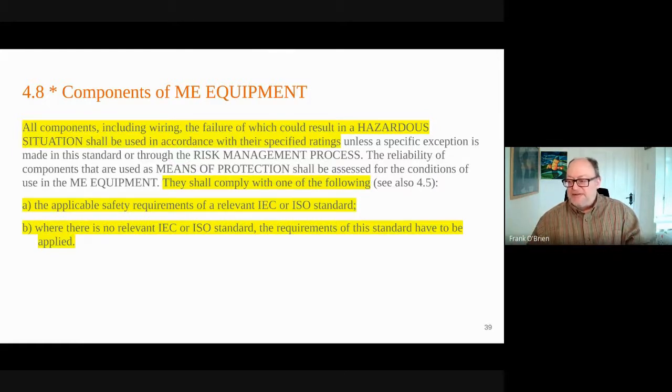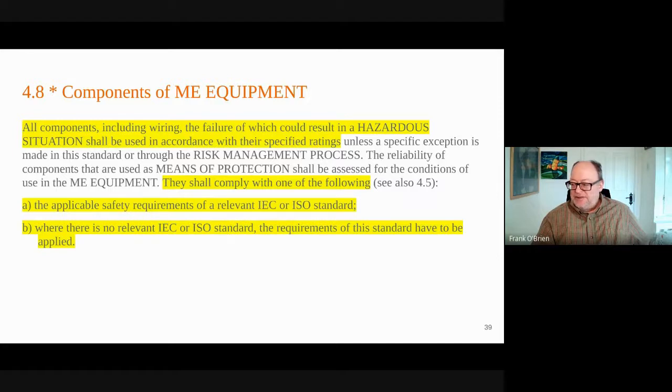We then have 4.8 that talks about components, and all components, including wiring, the failure of which could result in a hazardous situation, shall be used in accordance with their specified ratings, unless you don't want to, and your risk management's in agreement.